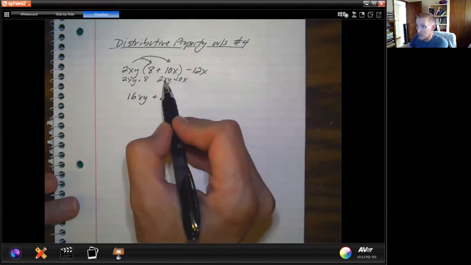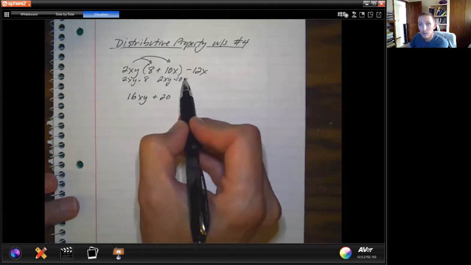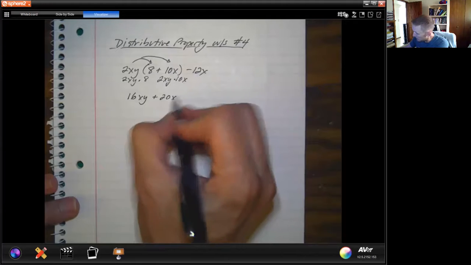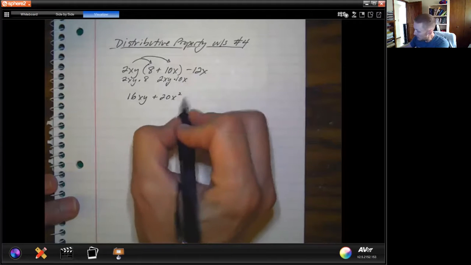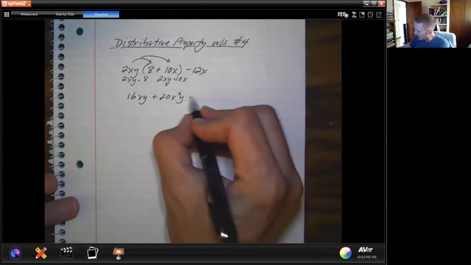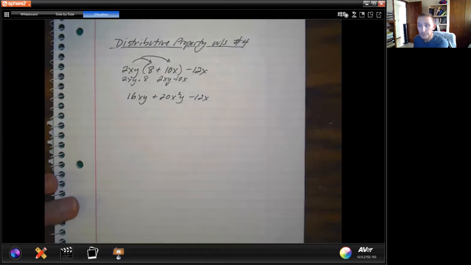Well, this x times x is going to make x squared. If you have the same base multiplied by itself, you're going to get x squared. And then the y is just going to attach afterwards because there was no other y with the 10x. And then I'm going to bring down the negative 12x.